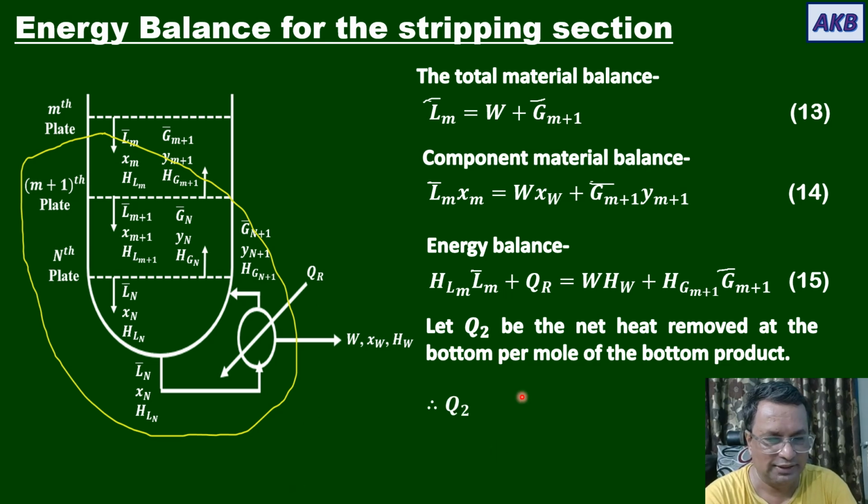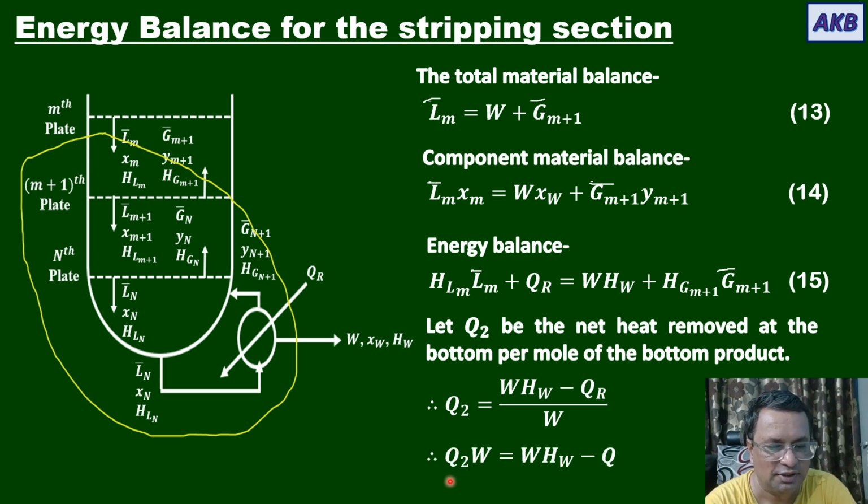Accordingly, Q2 will be WHW, which represents heat going out with the residue stream, minus QR, the heat added to the reboiler. So net output will be WHW minus QR, and we are considering this net output per mole of the bottom product. That's why the equation for Q2 will be WHW minus QR upon W. If you rearrange it, it will be Q2 into W, that is equal to W into HW minus QR.